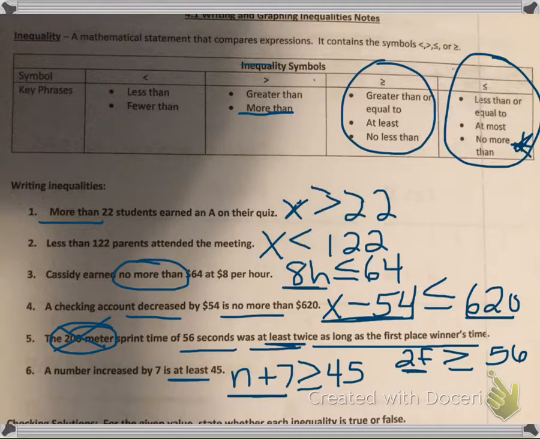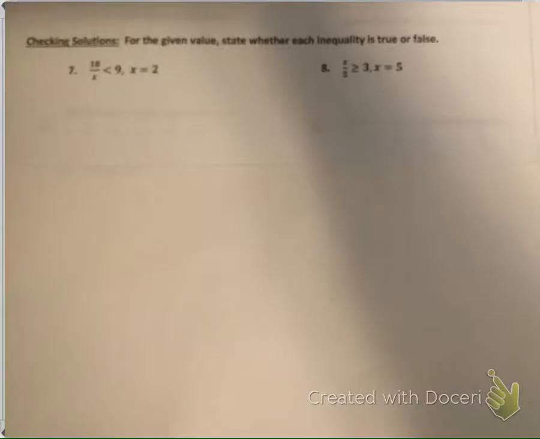So now we are going to go on to the next section, which is checking solutions. It says, for the given values, state whether each inequality is true or false. So all you're doing is plugging in your x, and you're going to say, does this work or doesn't it?